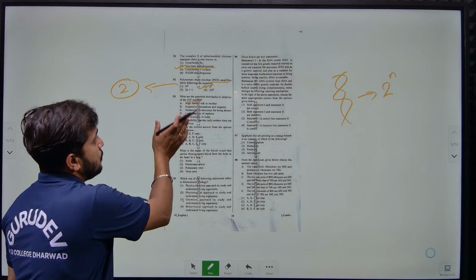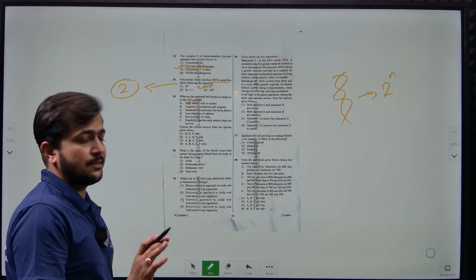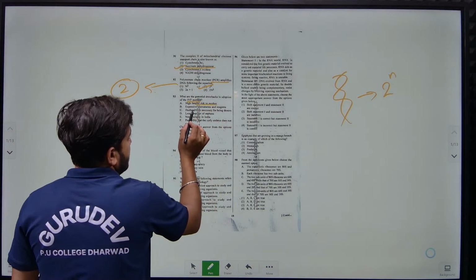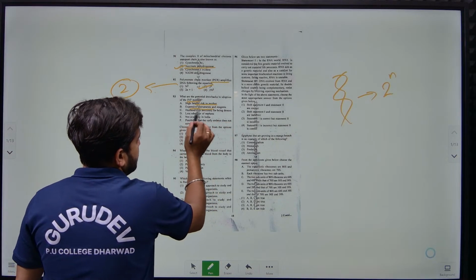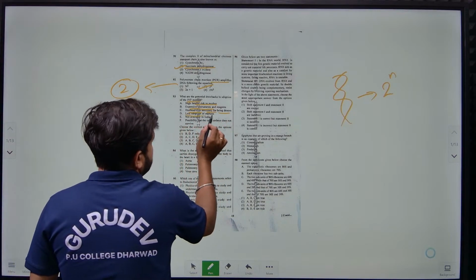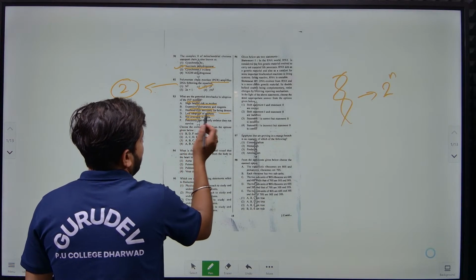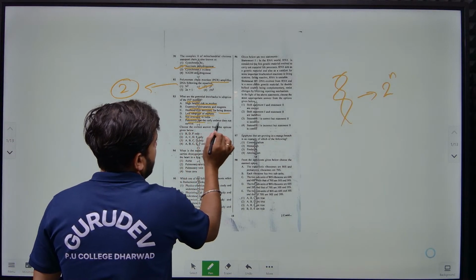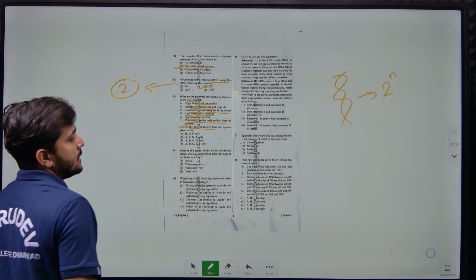So here: high fertility risk to the mother, then expensive instruments and reagents, husband and wife necessary for being donors, less adoption for orphans, then not available in India, right? Then the possibility that the early embryo does not survive. So choose the correct answer from the options given below.